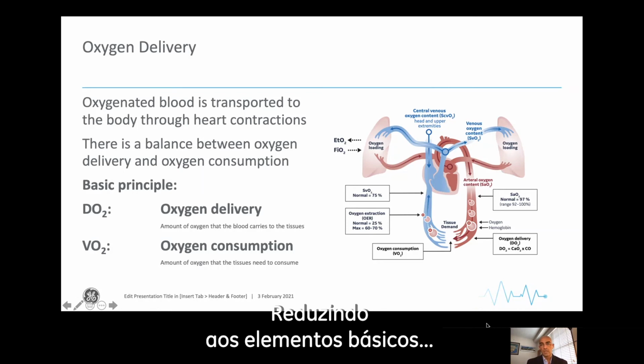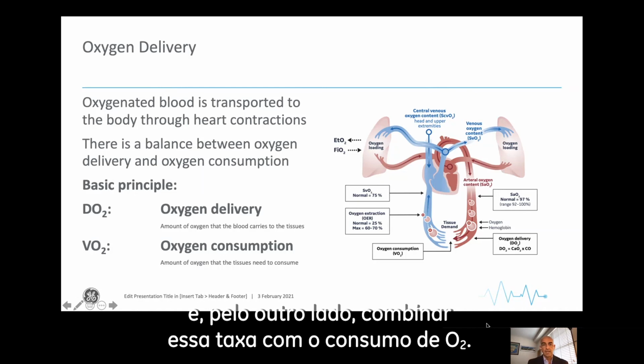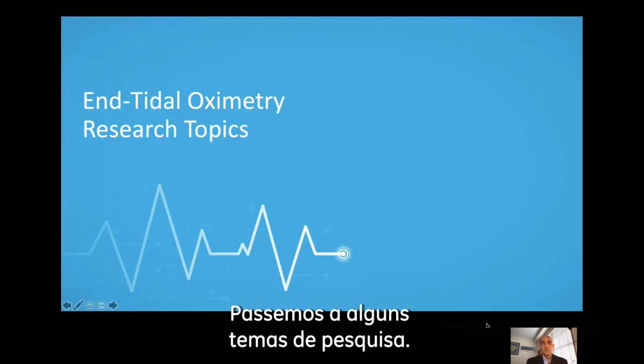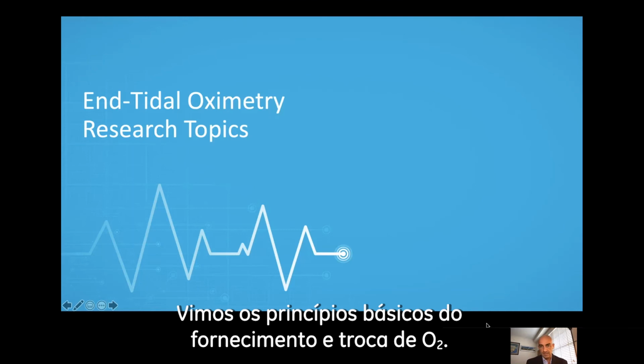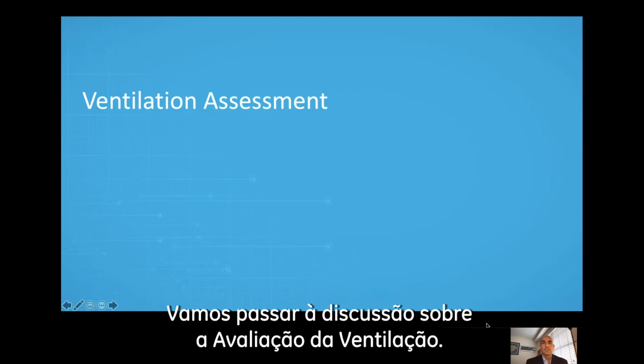But boiling it down into its simplest terms, there needs to be a balance between the delivery of oxygen and then the flip side is matching that with regards to the consumption of oxygen, or DO2 and VO2 balance. Moving into some research topics, so that is the foundational principles of oxygen delivery and oxygen exchange. Let's go into the discussion on ventilation assessment.